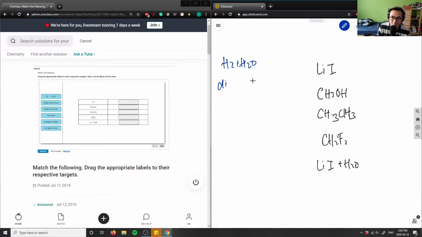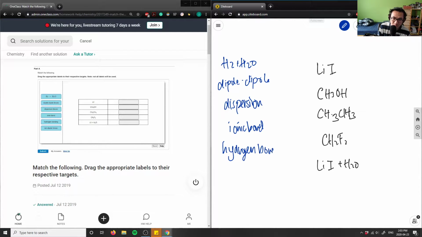I have dipole. I have dispersion forces. I have an ionic bond, hydrogen bonding, and finally, ion dipole.